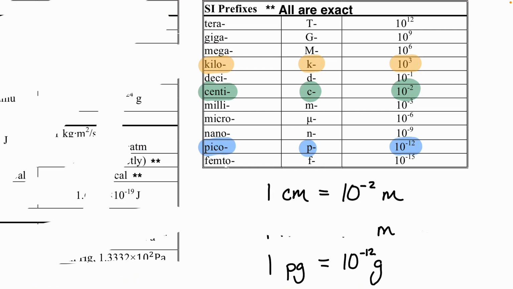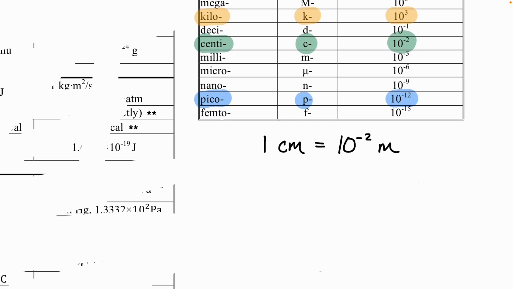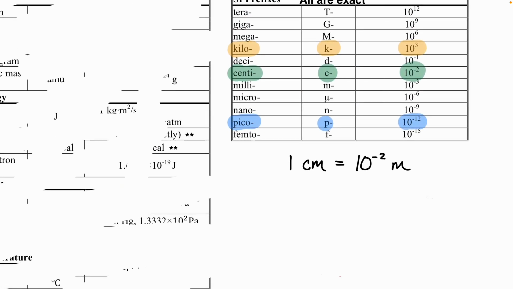So, what we really want to be able to do is to convert from, say, 47.3 centimeters. How do we convert that into meters? All right, that's what I mean by these metric prefix conversions.